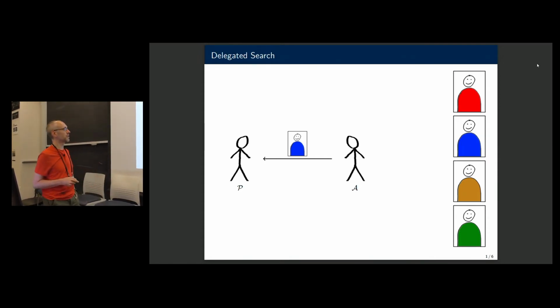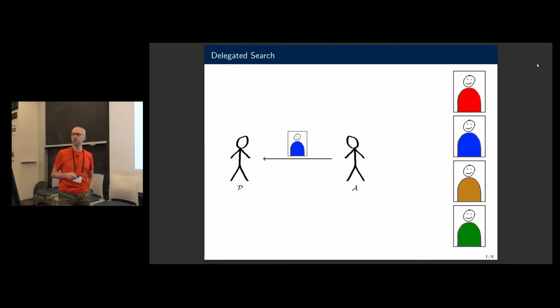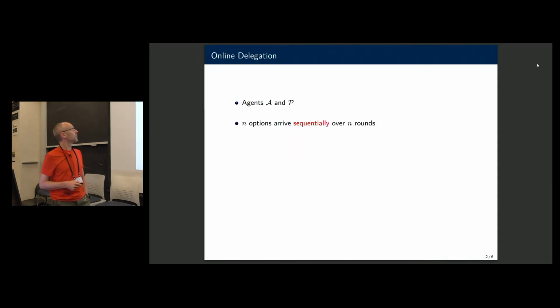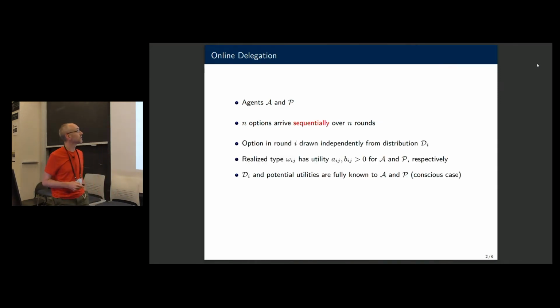So what we were thinking about, as the name suggests, is online search. What if these options are not available to the agent immediately when he looks at them, but there is an online component, a dynamic component over time in this model? Okay, so what do we have? We have these two agents. We have n options. They arrive sequentially over n rounds. In each round, the option is drawn independently from a distribution d_i.